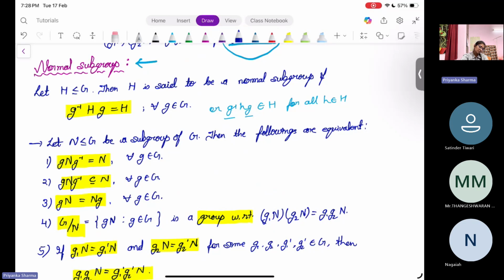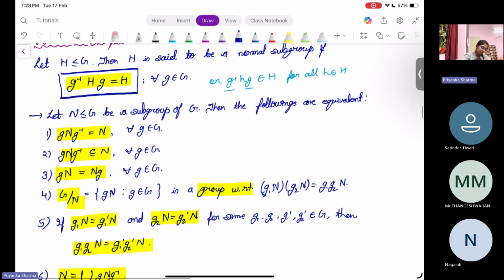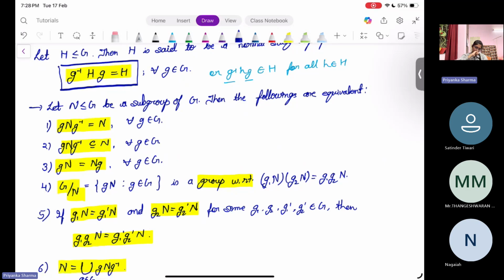We can either use this one, or any condition from this, or we can simply use this one: g inverse h g belongs to H. Or alternatively, we can use this also: g h g inverse belongs to H. They are the same actually.